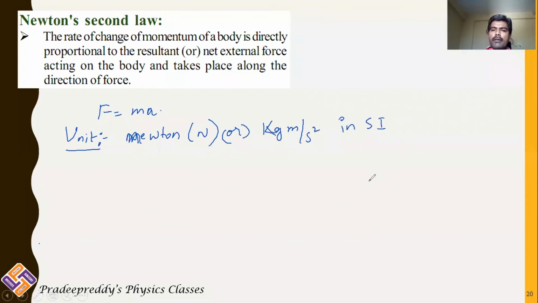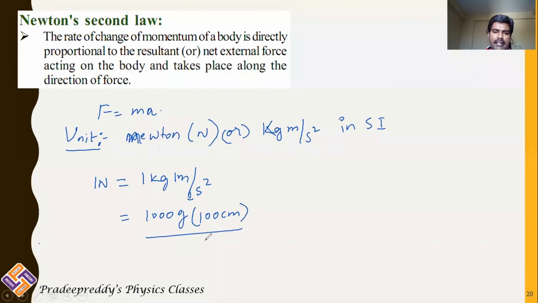Now I want to convert this into the CGS system. So 1 Newton is equal to 1 kg, 1 meter per 1 second square. I want to convert this kg into gram. That gives you 1000 gram. Meter I can convert into 100 centimeter divided by second square.